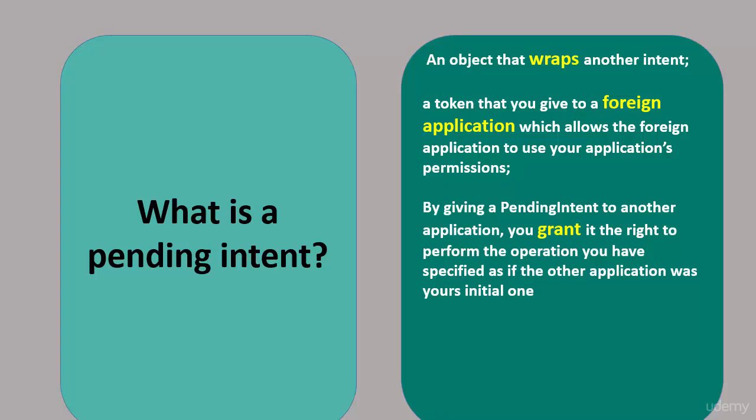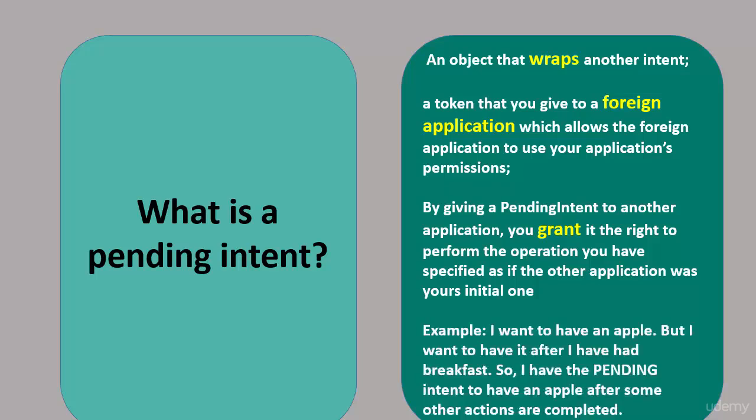By giving a pending intent to another application, you grant the right to this other application to perform the operation you have specified, as if the other application was your initial one.